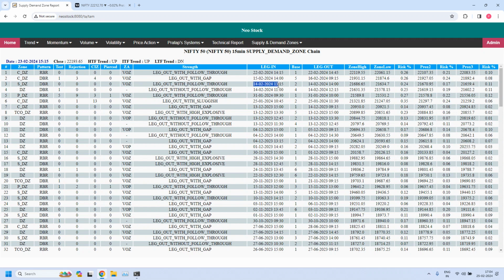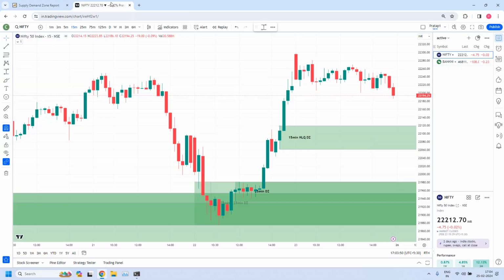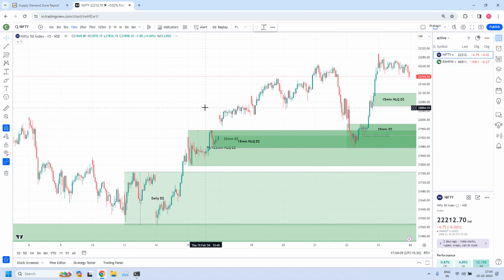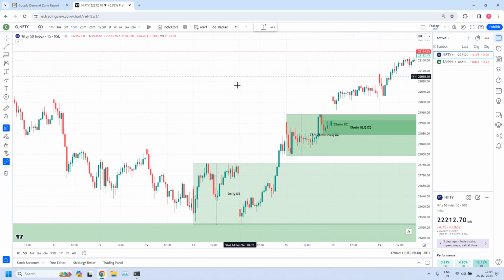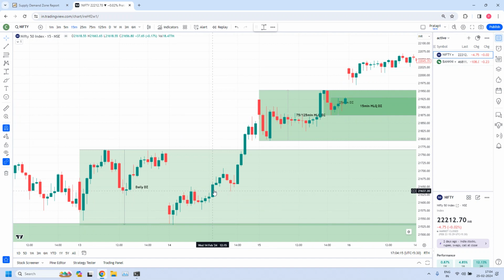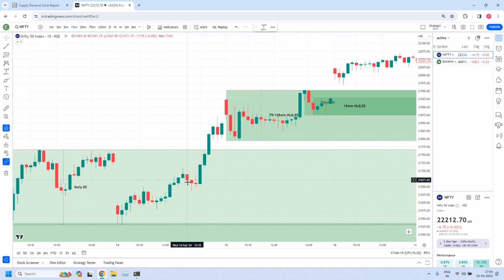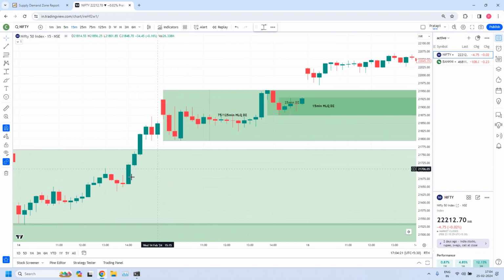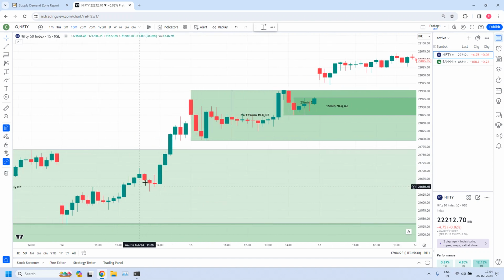14th February at 1 o'clock 15 minutes. This is the one. Maybe consider this a medium size leg candle, and these two are base candles.